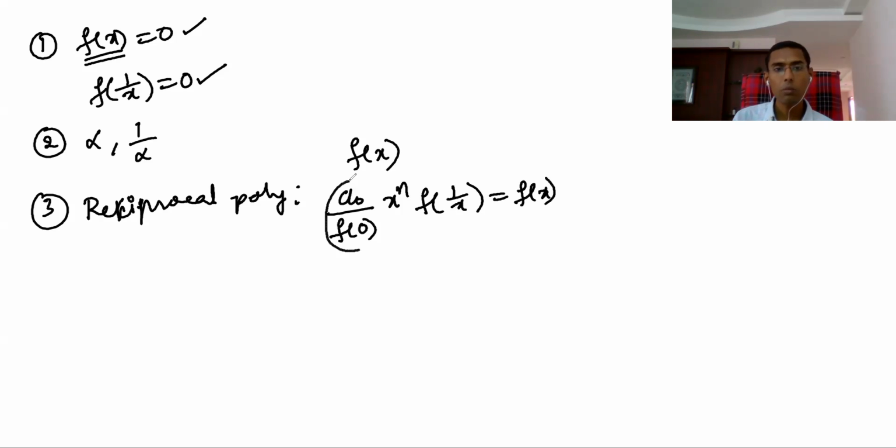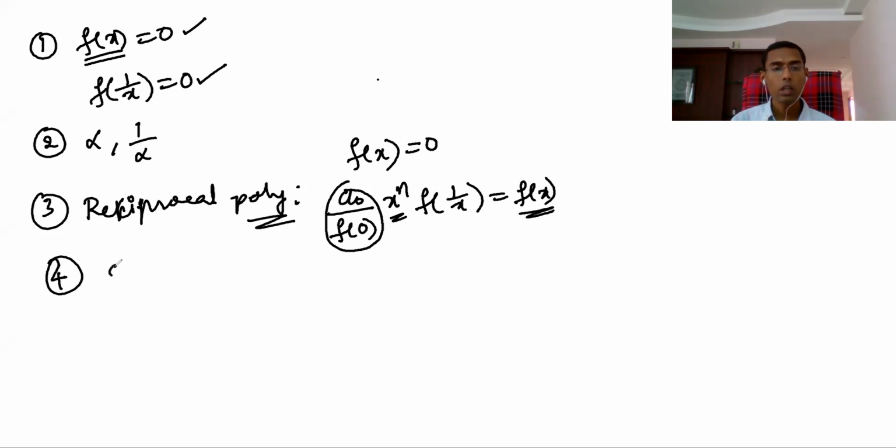That means this is either plus 1 or minus 1. If it is class 1, a naught by f of 0 is plus 1. And if you do x to 1 by x, then after that you have to multiply with x power n, so that you will get f of x. All right, so that is the thing here. These both are equal, then this becomes a reciprocal polynomial. And if f of x is a reciprocal polynomial, then f of x equals 0 is a reciprocal equation.